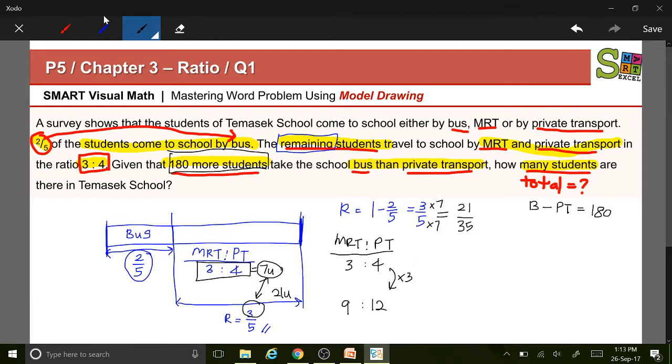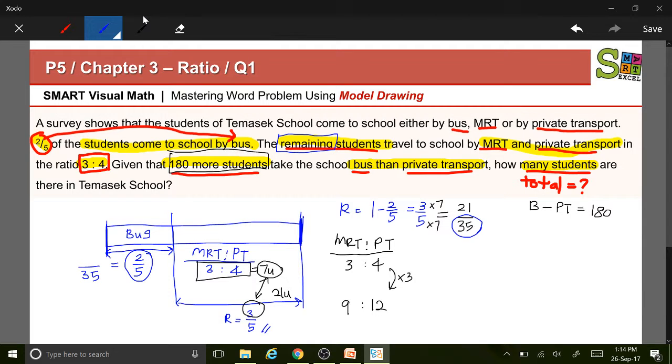So now we take a look at the bus. Now we already changed, the total becomes 35. So now you see the new total becomes 35, so therefore this also needs to change to 35.